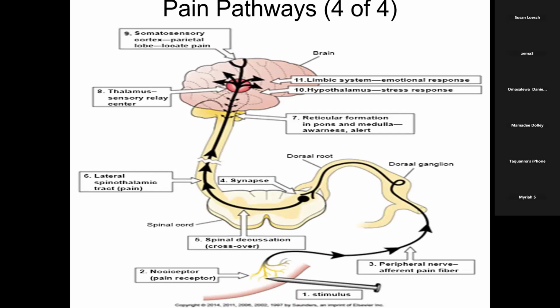All right. So once the tissue is damaged, okay, the nociceptors will be activated. So the injury occurs, it induces pain. Those afferent receptors are going to send that signal up to the spinal cord. The signals can come from the mechanical, the chemical, the thermal nociceptors.